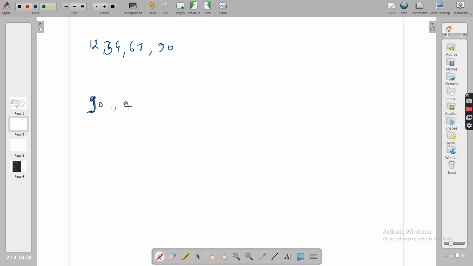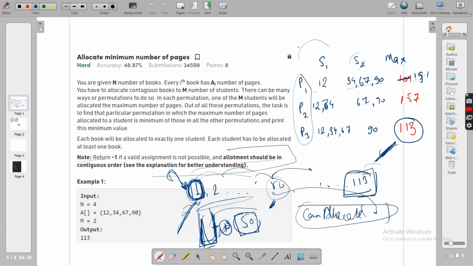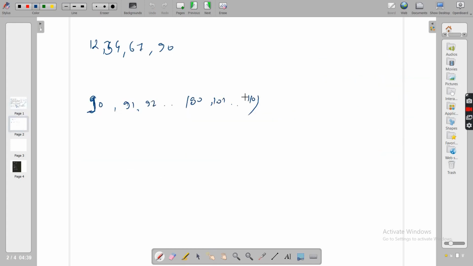Okay, 90, 91, 92, 100, 101, 110. Sorry, 110, I think. And what was your answer? 113. So let's write this: 110, 111, 112, 113, 114 and 120 and onwards.